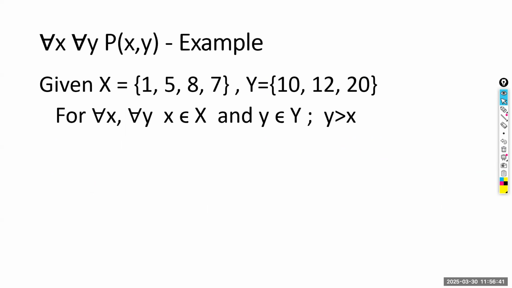All x, all y, where x is coming from the set x, y is coming from the set y, y is greater than x. Now, if you can find at least one counter example, this is false. So therefore, look for the extreme case. And if it works for the extreme case, it should work for all the cases.